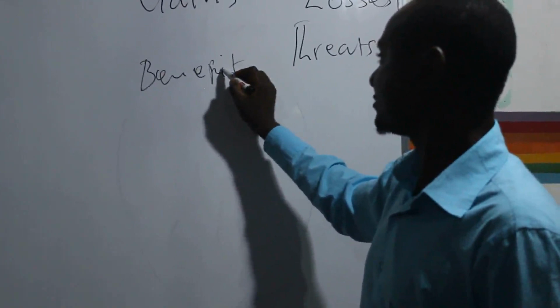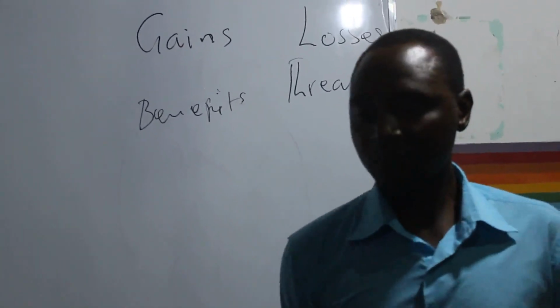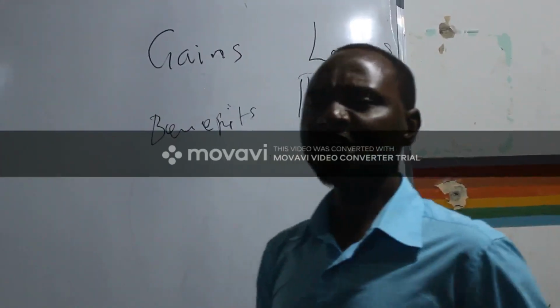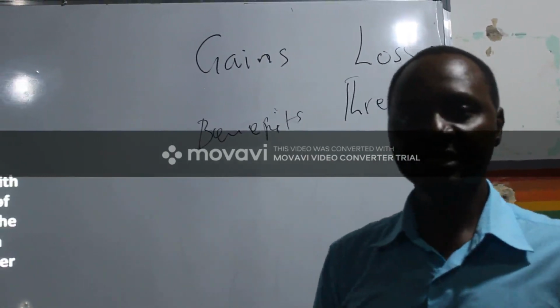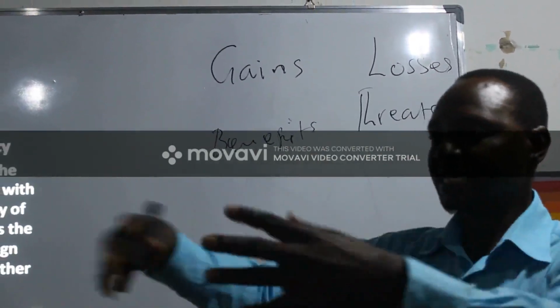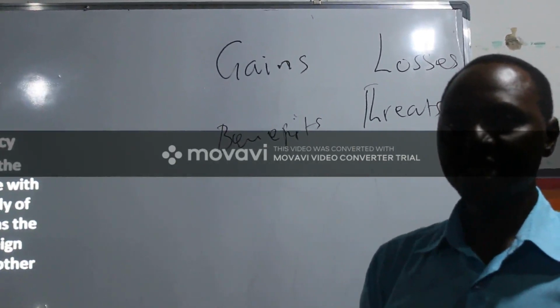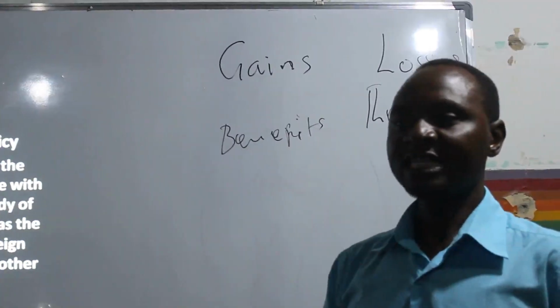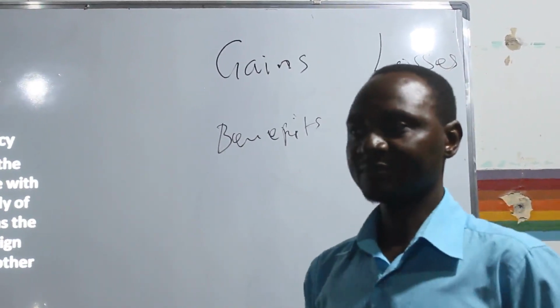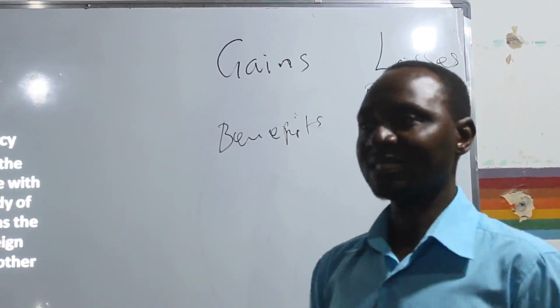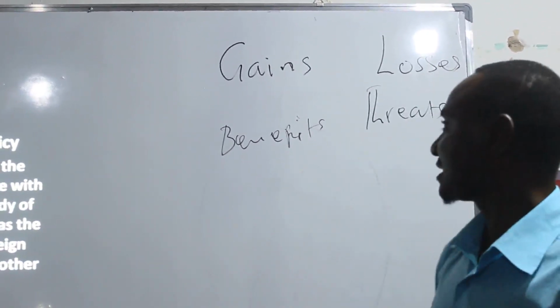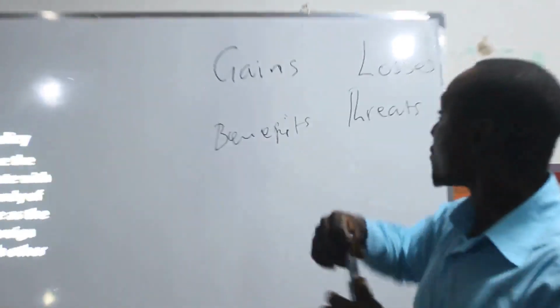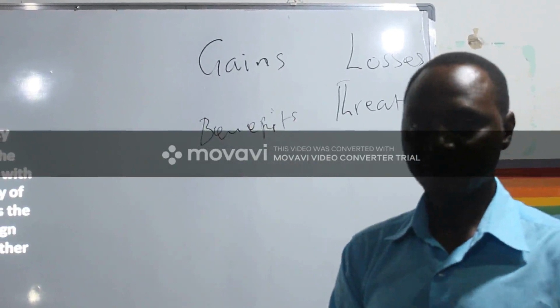Alright, maybe let me just make use of these words to explain. Each time a country wants to relate with another country, there are things she would want to protect, especially her national interest. Domestic policies must be protected while she relates with other countries of the world.